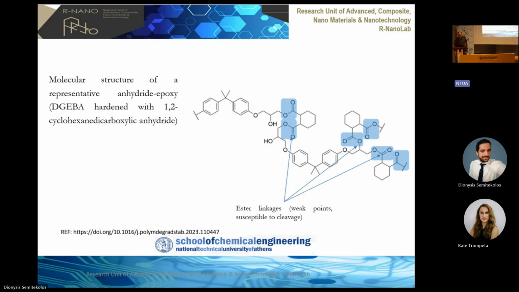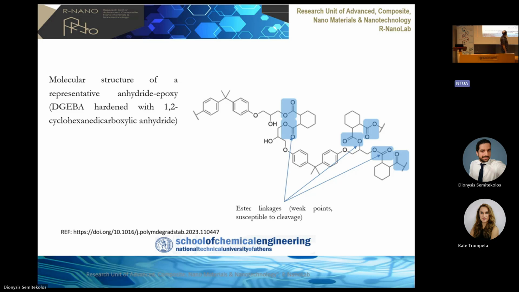Then another possible material inside is anhydride epoxy. It's some kind of epoxide that is also welded. Here we have a cyclohexane dicarboxylic anhydride.